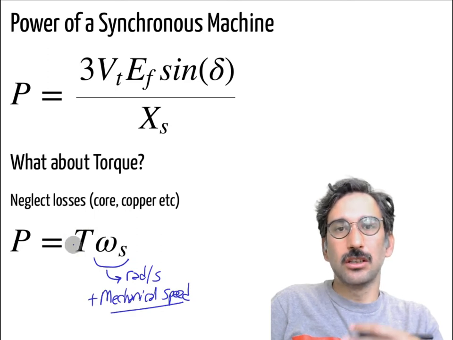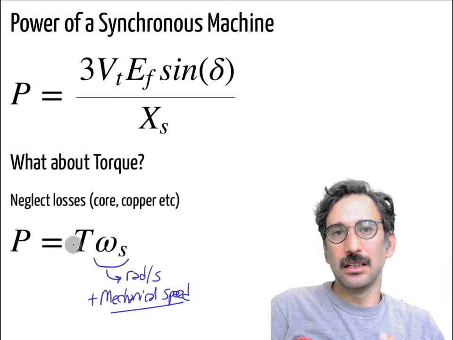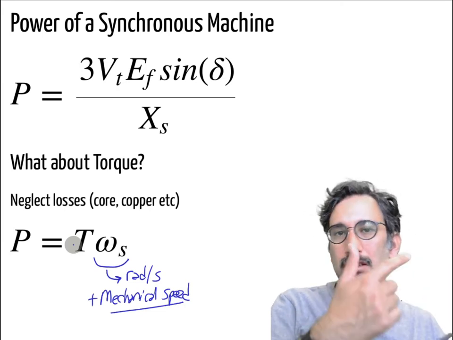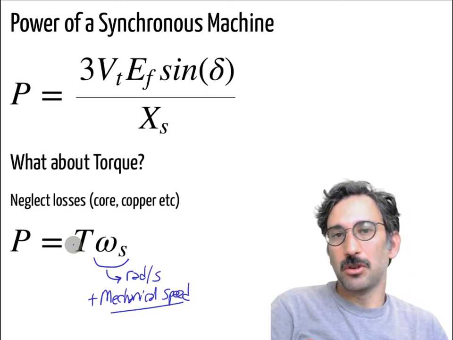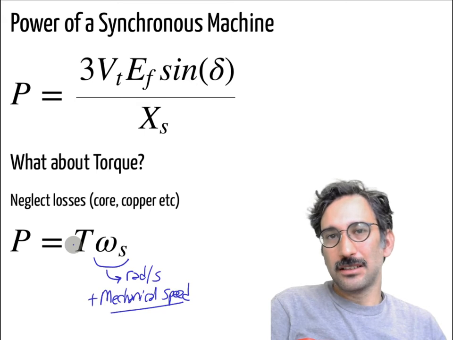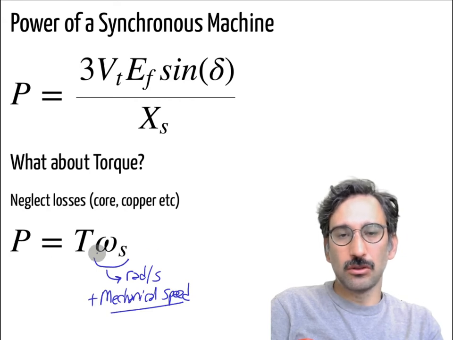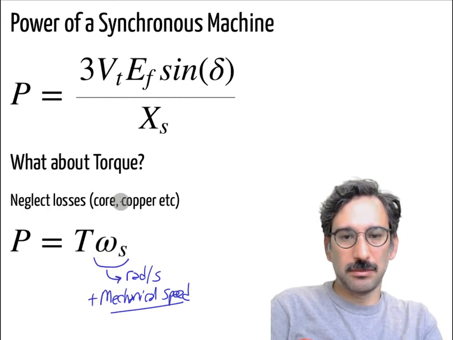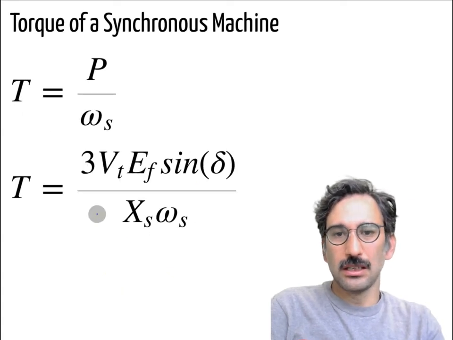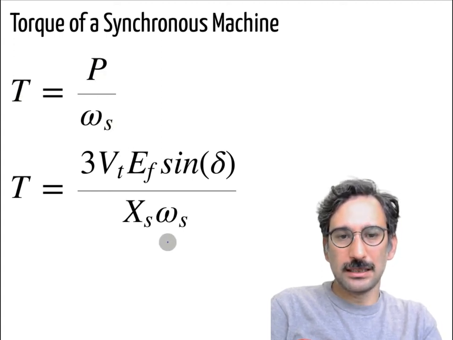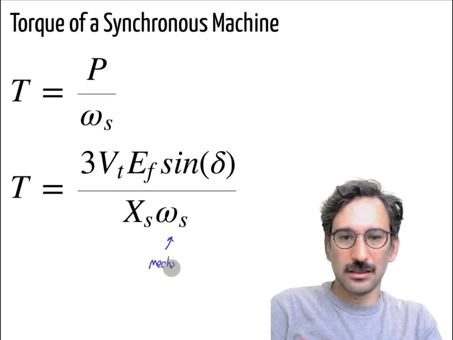Whenever you are dealing with physical torque and multiplying it with speed, that is the actual rotational speed. If the number of poles is, let's say, 4, then the electrical frequency will be twice the mechanical frequency, but whenever you use physical torque, you need to use the mechanical speed. So I can write torque as power divided by omega s, the mechanical speed, not the electrical speed.